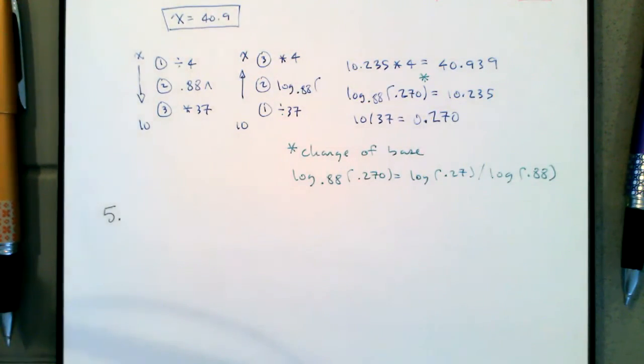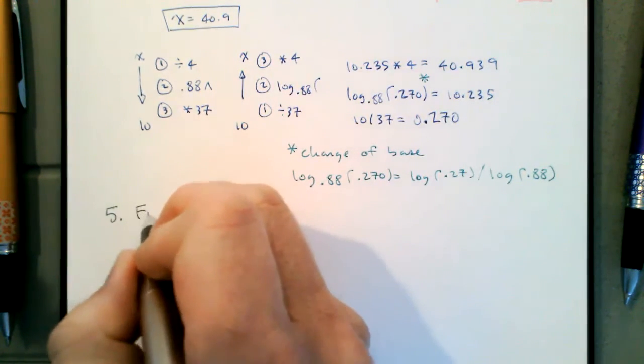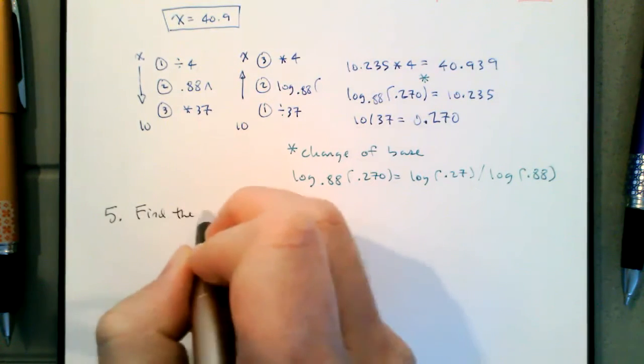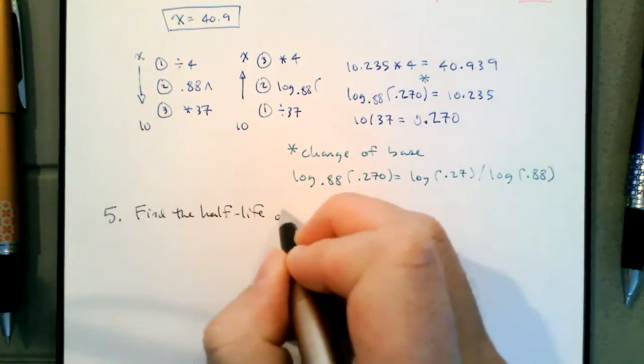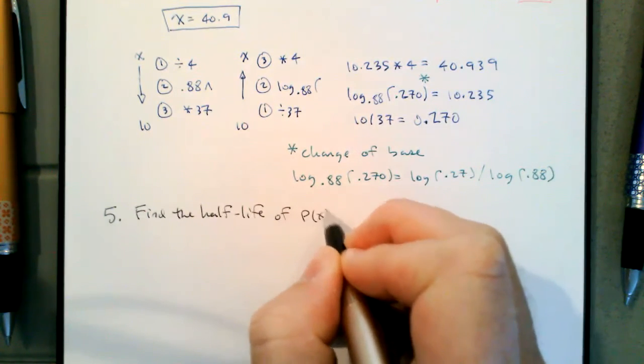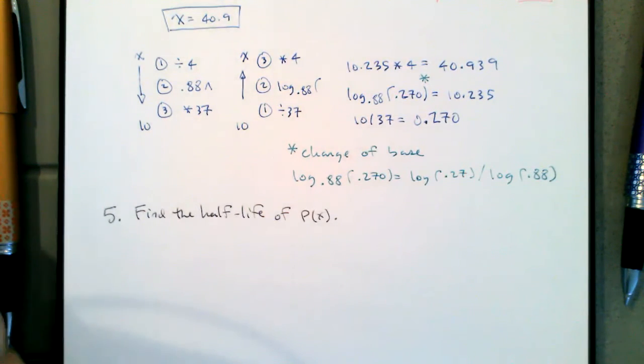This particular problem gives us an opportunity to ask an interesting question. So let's find the half-life of p of x. Any exponential function that is decreasing will have a half-life.